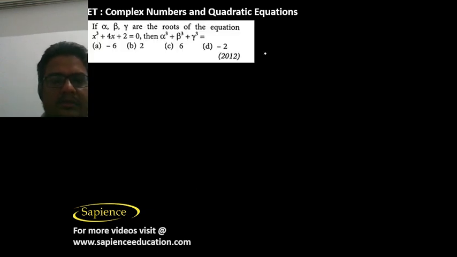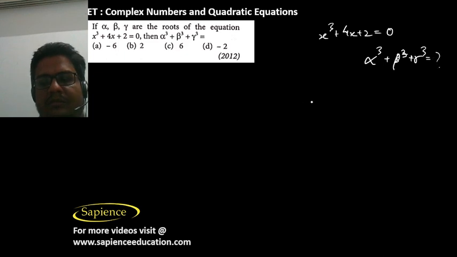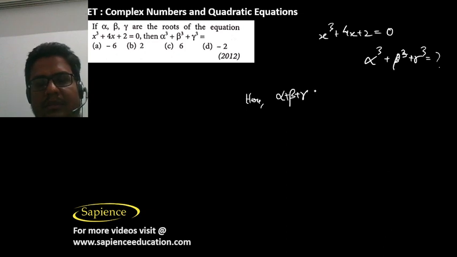So then here it is told that if alpha, beta and gamma are the roots of the equation x cube plus 4x plus 2 equal to 0, then alpha whole cube plus beta cube plus gamma cube is equal to how much? So now here we see that alpha plus beta plus gamma is equal to 0, since the coefficient of x square is 0 here.